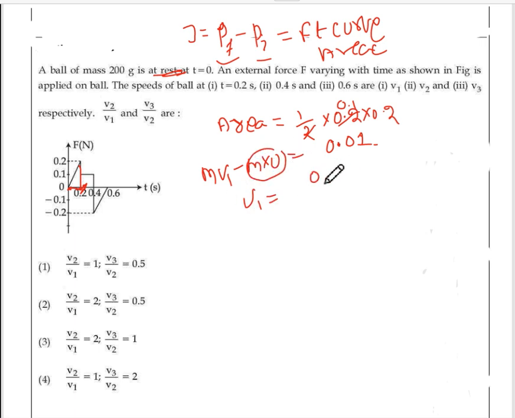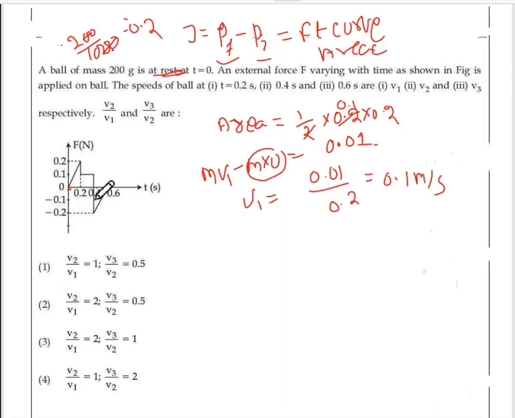So dividing by m, it will be 0.02 by 0.2, so this will become 0.1. So this is our v1.